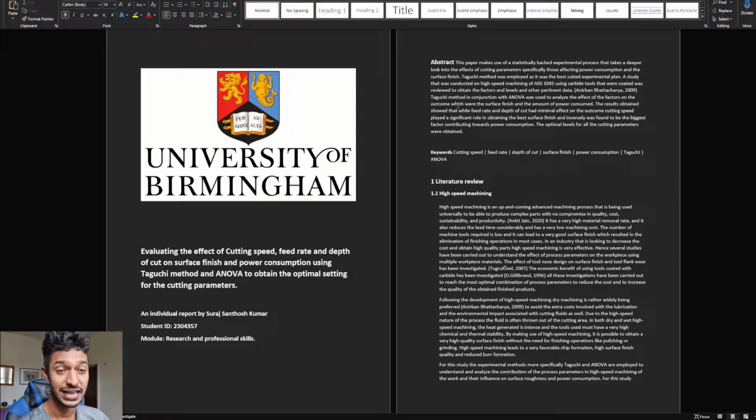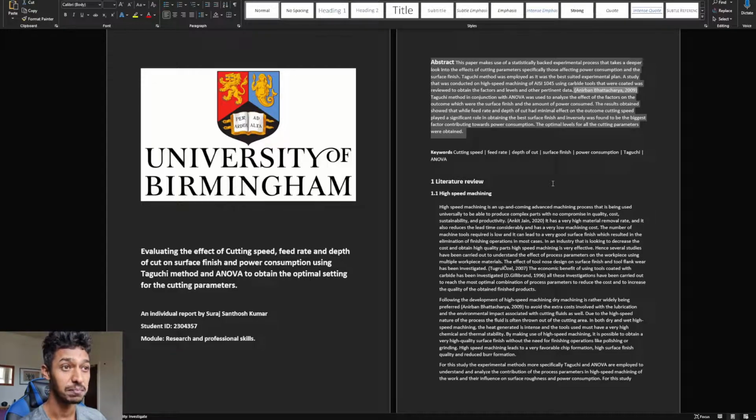As you can see, the very first section is called the abstract. Now, the abstract is sort of a summary of the entire report. So when somebody goes through your abstract, they should be able to determine what the project was about, what the findings were, how you went about reaching the conclusions, and the conclusion itself.